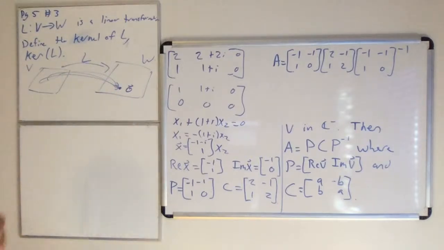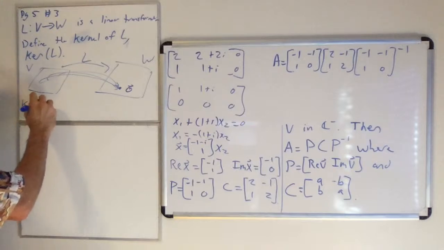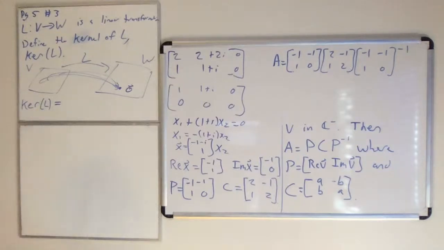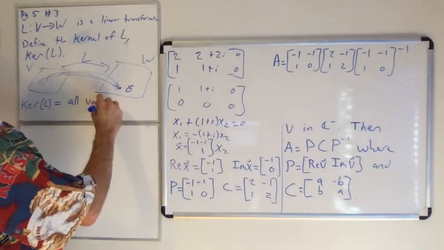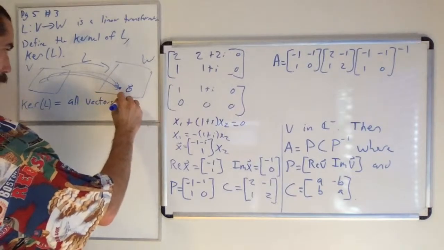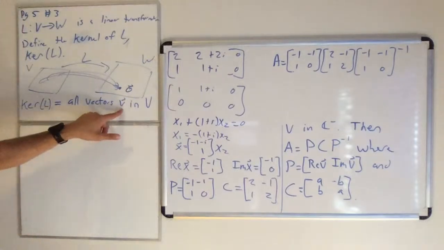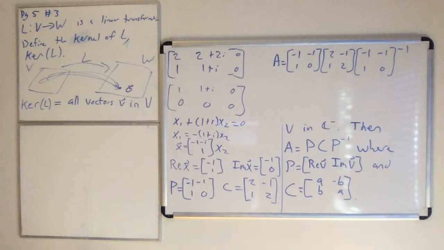Okay, so the way we write that is the kernel of L is equal to all vectors, which we call v, in V, exactly.